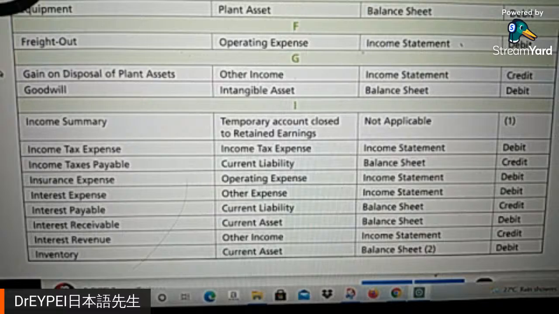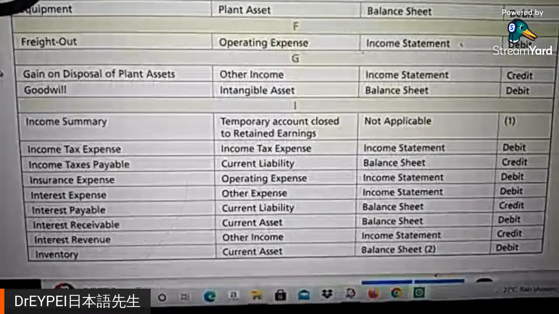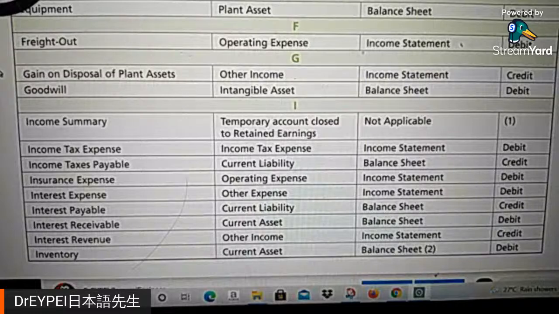You can still sell it per kilo. So, instead of getting so much from it, since it is already used for 10 years, you can sell it at a very low scrap price. But still, you gain. So that is what we call gain on disposal of plant assets.